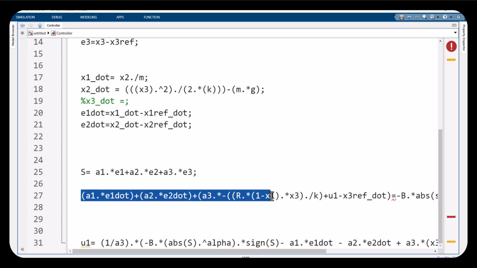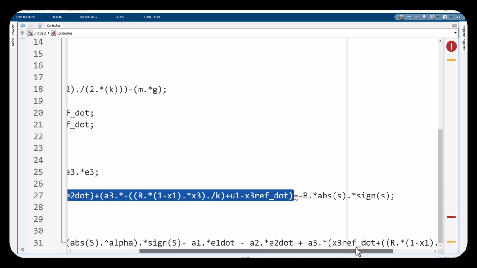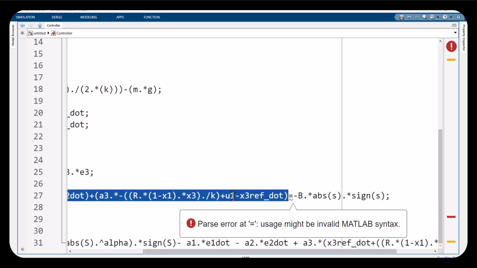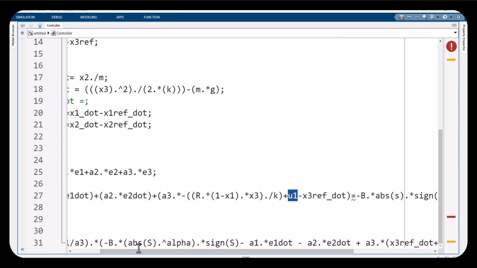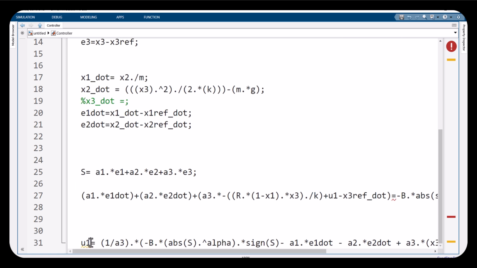So we have this huge equation, where s dot is equal to this reaching law. All we have to do is make this u1 the subject and put everything on the right hand side, and that's our final control law. We did that here. This u1 appeared in the highest state, so I deleted the rest of the steps which were not necessary.